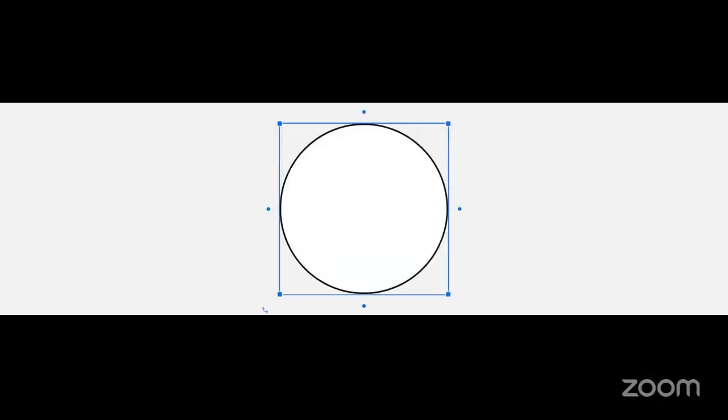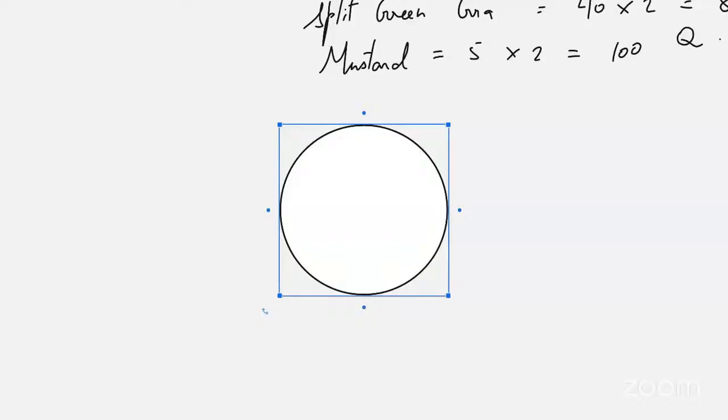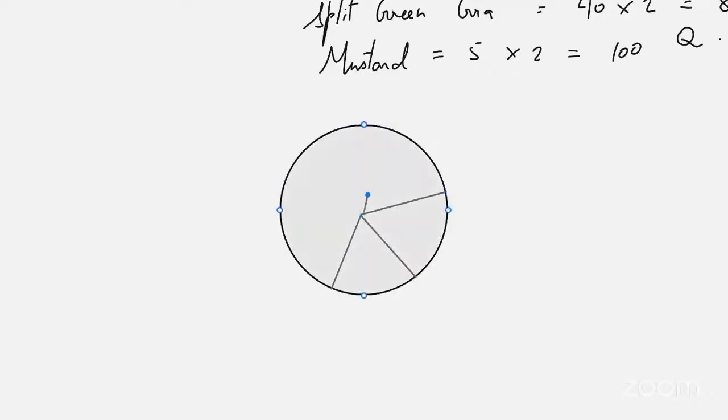For example, this is a circle, and it is divided into parts.